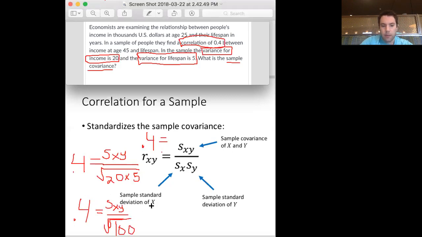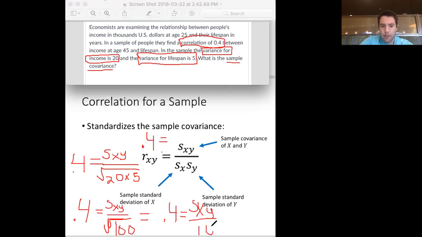And we know that the square root of 100 is simply 10, because 10 times 10 is equal to 100. So now we have 0.4, the correlation, is equal to the sample covariance divided by 10.